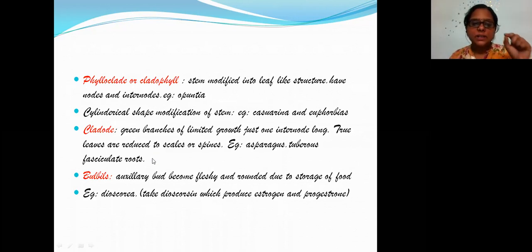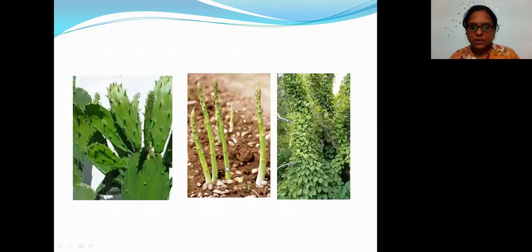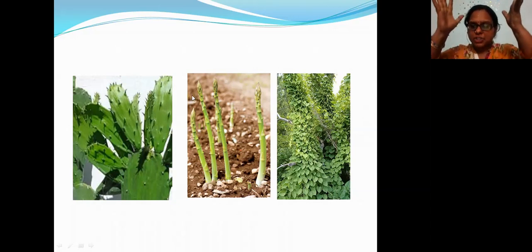Okay, those spines are nothing but the leaves. In the case of asparagus, you have seen, right? Asparagus, see here, I have the diagram. This is the thing. This is asparagus. Okay, so you can see that this much only is the branch. It will grow like this only. It will come in a bunch.